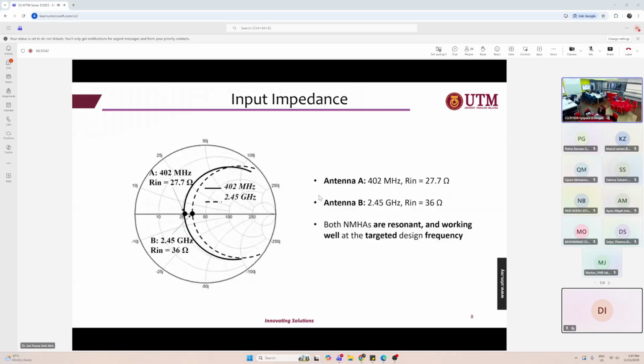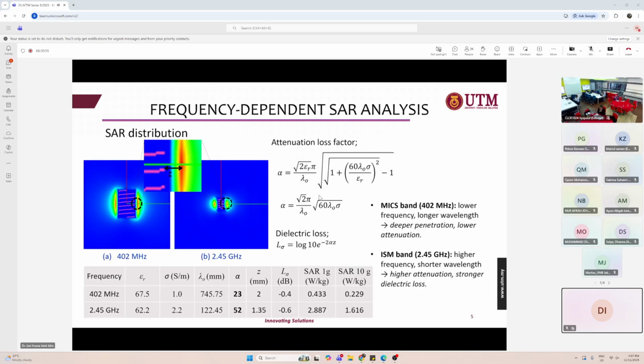This is the input impedance for the two antennas, which are resonant at the targeted frequencies of 402 megahertz and 2.45 gigahertz. This is the frequency dependent SAR analysis, where we calculate the attenuation loss factor.